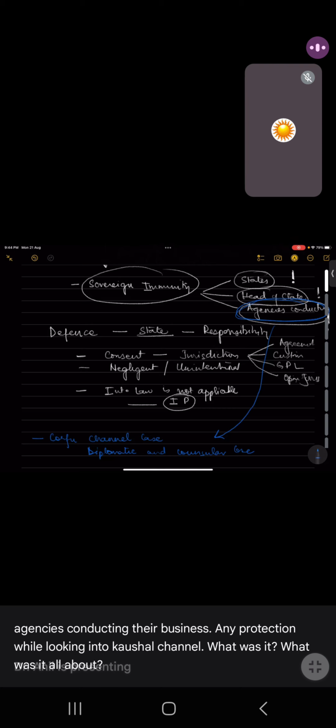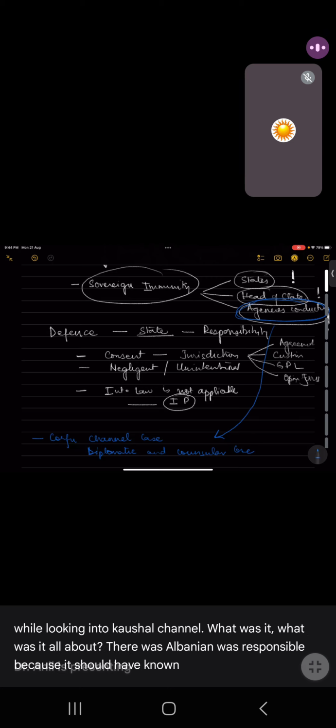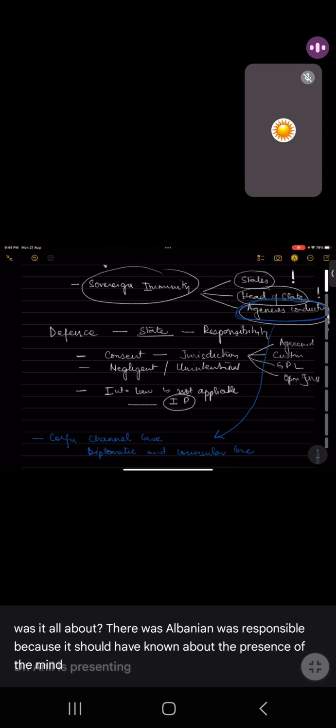What was it all about? Albania was responsible because it should have known about the presence of the mine in its territorial water, and they failed to inform the third state about it, which resulted in the loss.